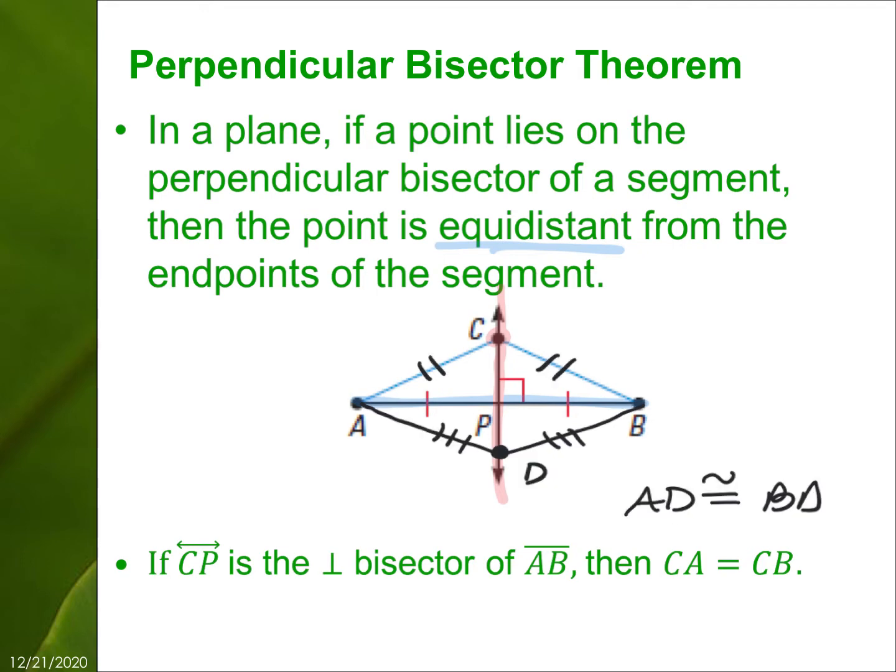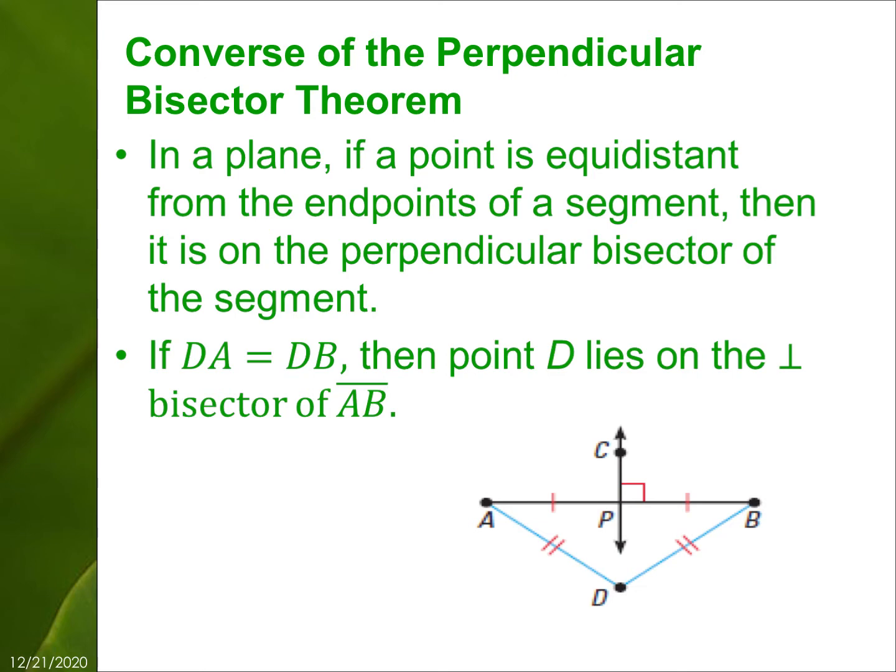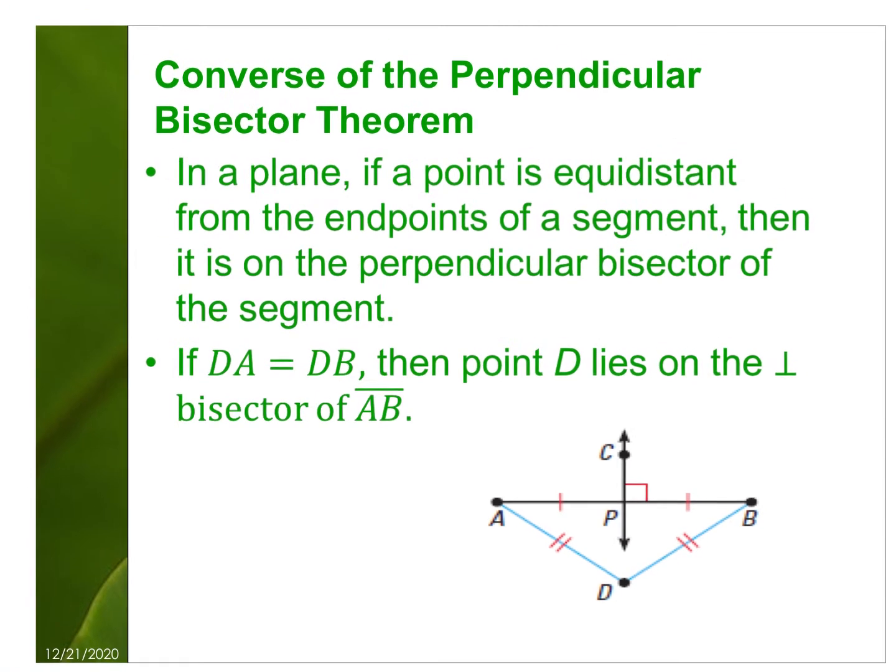Next, what we're going to do is talk about the converse of the perpendicular bisector theorem. Remember, the converse is going to switch the if and the then. So this one states that in a plane, if a point is equidistant from the endpoints of a segment, then it is on the perpendicular bisector of the segment.